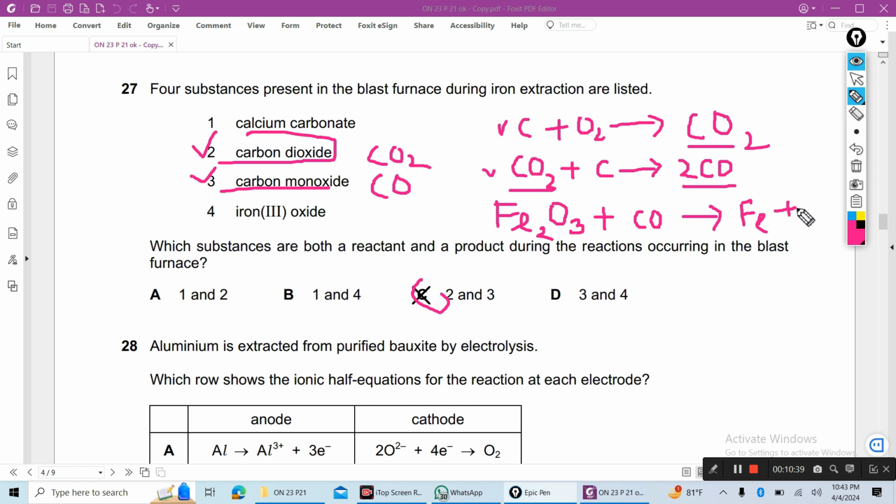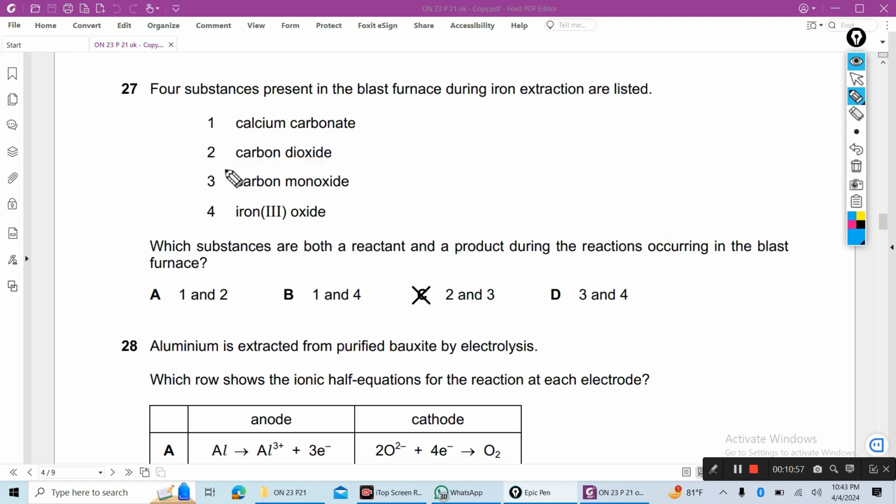So here carbon monoxide is a reactant, but it was also a product. So carbon monoxide is used as reactant and product. That's why the answer is 2 and 3. But 1, why not calcium carbonate? Because calcium carbonate is only used as a reactant, not a product. And 4, why not 4? Because iron 3 oxide is used as a reactant, not a product.